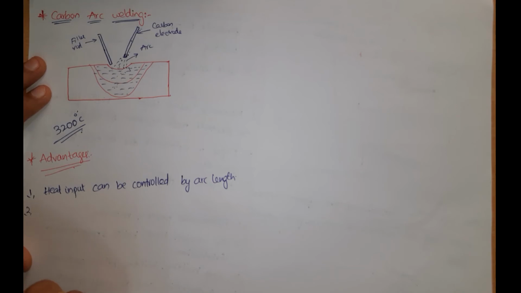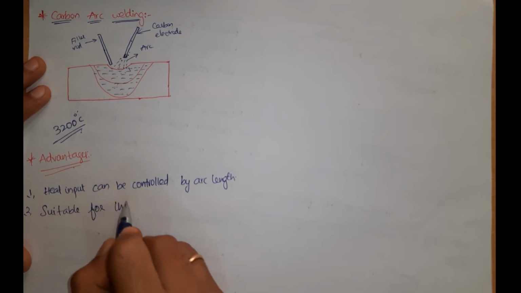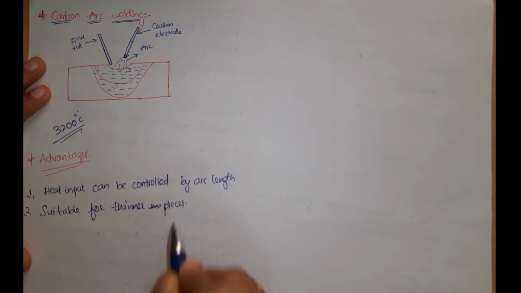Next, this carbon arc welding process is suitable for welding of thinner metals. Why?